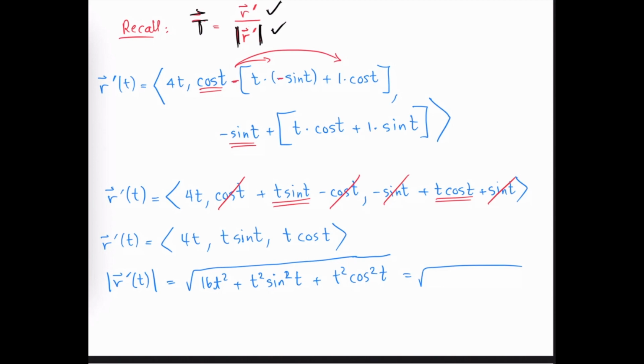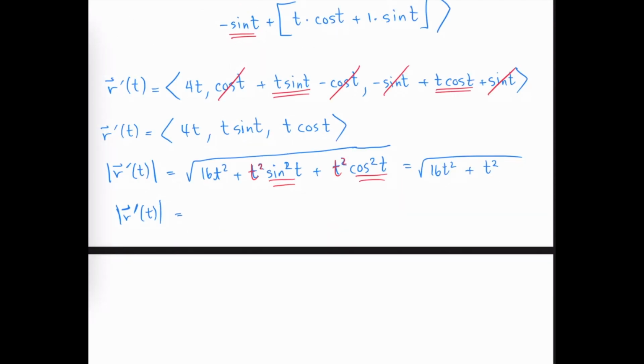So we have 16t squared under the radical. If we factor out the t squareds here, we're going to get t squared times sine squared plus cosine squared, which is 1. So this just becomes t squared times 1, or t squared.